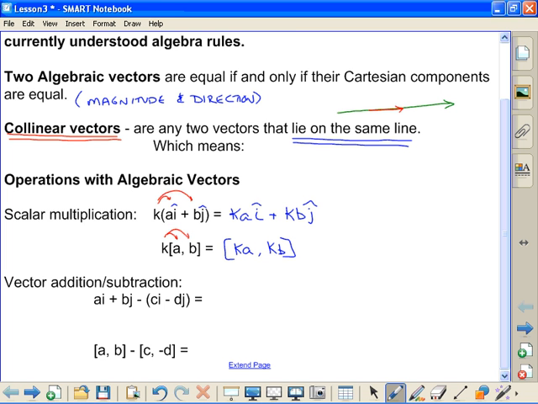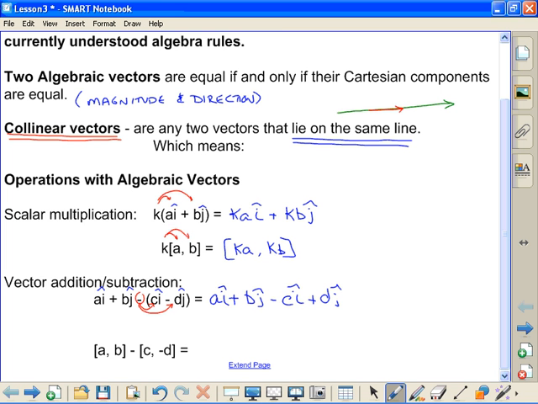Adding or subtracting. So again, you can add in some unit vector notation. Distributive law, we're distributing that negative sign in. So that negative has to be distributed into the bracket, and you're collecting like terms. I'll do this in steps. So we would have a in the i direction plus b in the j direction minus c in the i direction plus d in the j direction.